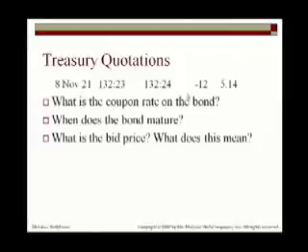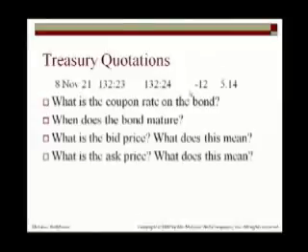Same thing with the ask. Question, what is the ask price? The bid price, by the way, is the price that you would get for the bond from a bond dealer if you try to sell it. The ask price is the price you will have to pay for the bond if you try to buy it. And of course the ask price is higher than the bid price, and the difference between them is called the bid-ask spread, and in this case the bid-ask spread is 1/32%.